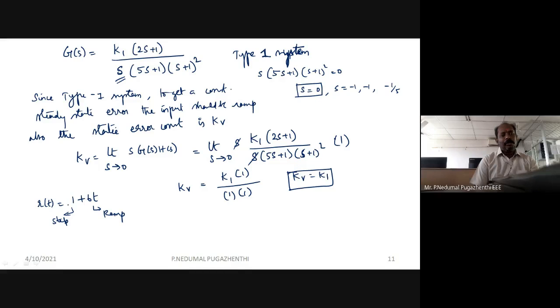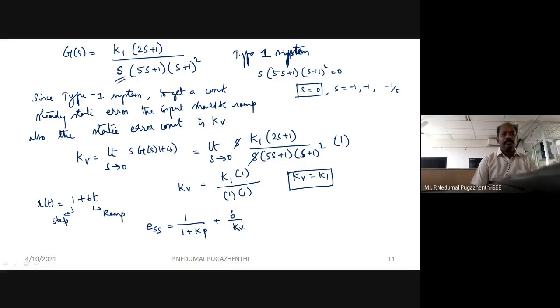Since you have a step and a ramp combination, let me apply the steady state error formula using these two. ESS is equal to, for a step input, 1 over 1 plus Kp, and for the ramp, with 60 as the input, it is divided by Kv.